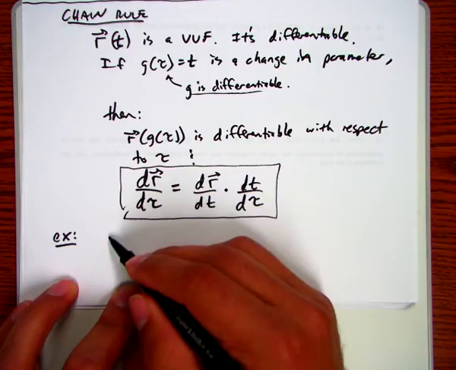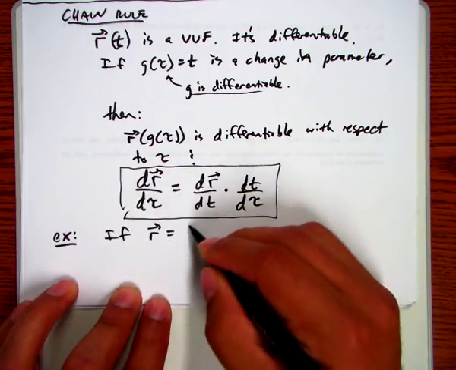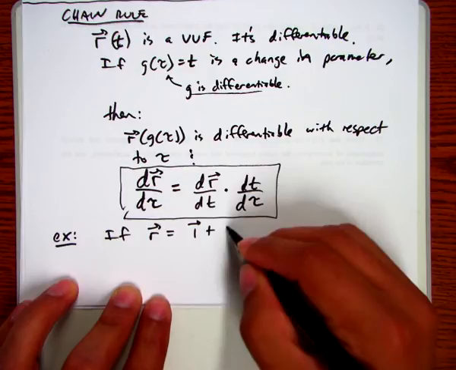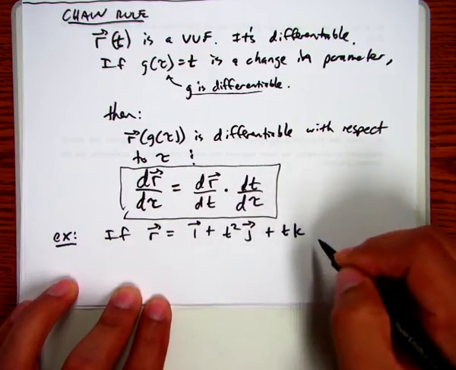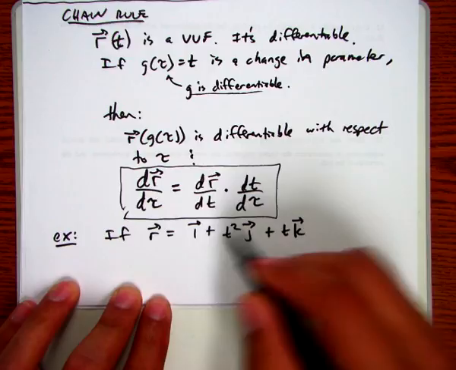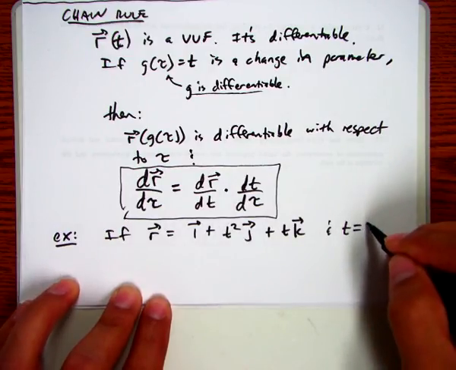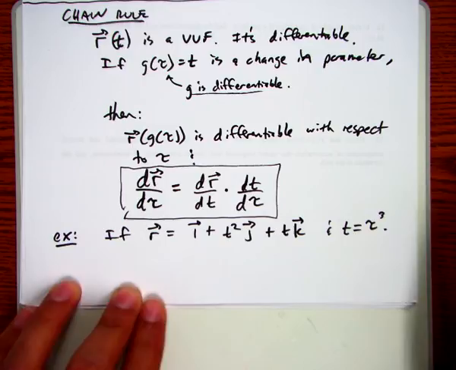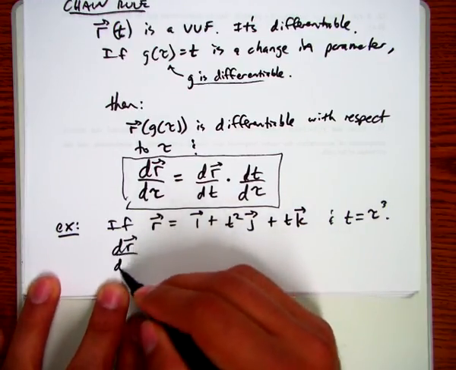So let's say r is equal to i plus t squared j plus tk, and t is equal to tau cubed. What is dr d tau?